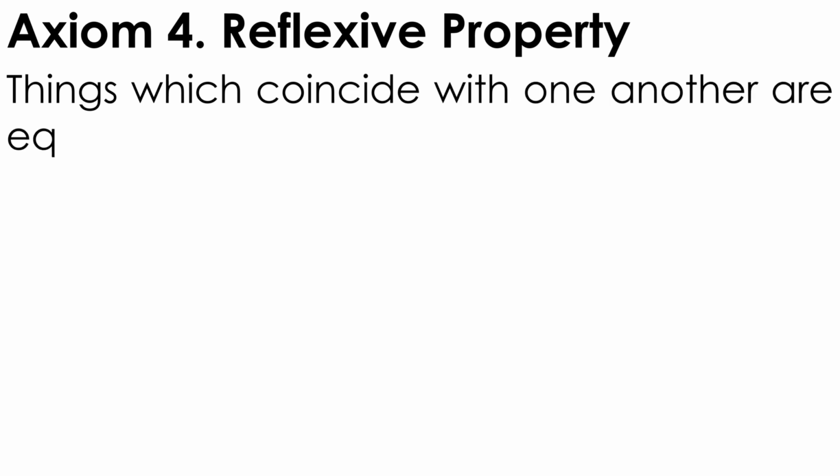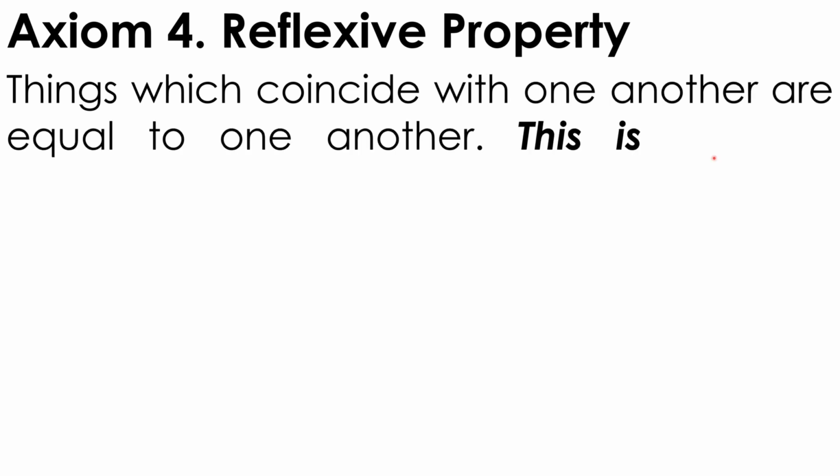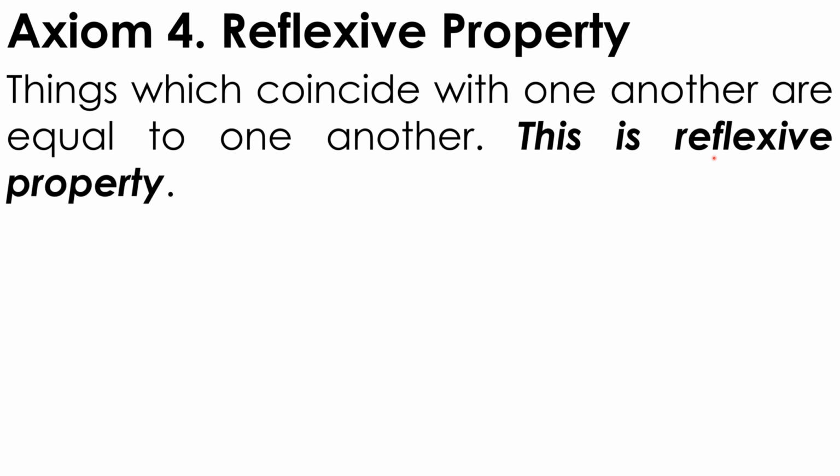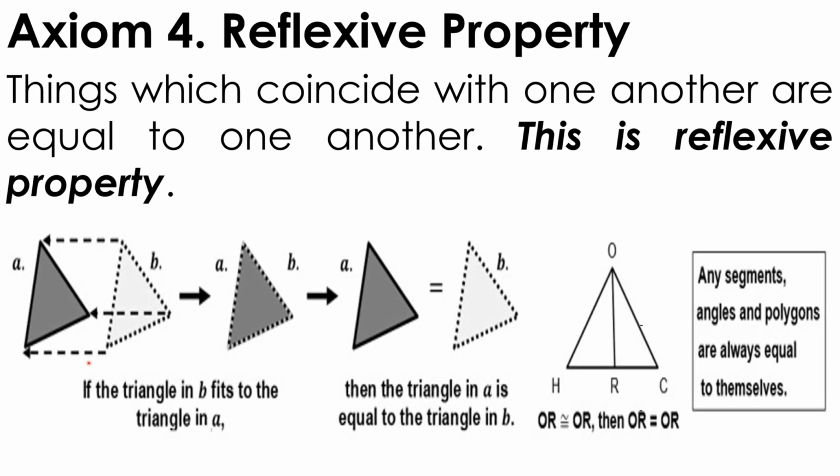Things which coincide with one another are equal to one another. This is the reflexive property. In the figure, let's say, if the triangle in B fits to the triangle in A, then the triangle in A is equal to the triangle in B.